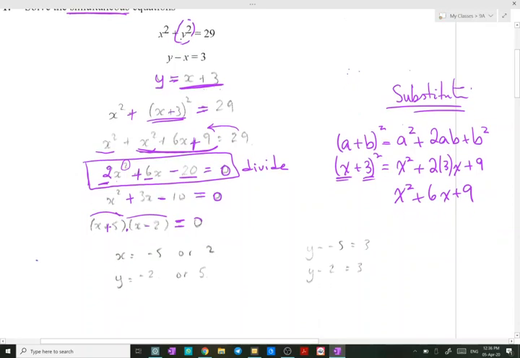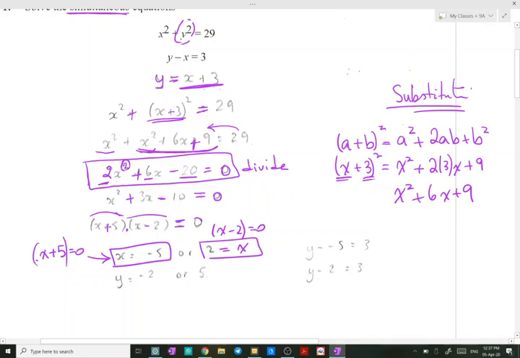So x plus 5 equals 0, so x is equal to minus 5, or x minus 2 equals 0, so x is equal to 2. So we have two values for x because it's a quadratic equation of degree 2.